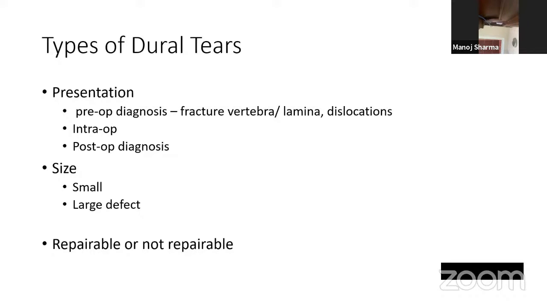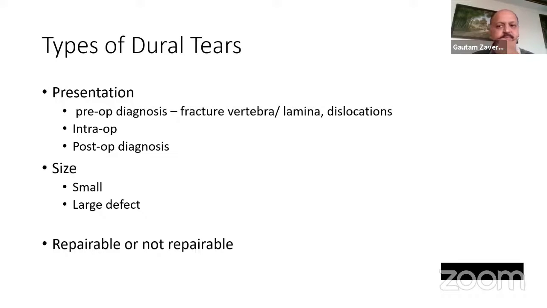Pre-op diagnosed cases are usually seen in fracture cases, where the fracture element, whether it is the bone, lamina or the body, or in cases in which there is dislocation, there can be a dural rent with CSF oozing out, and we can track that on an MRI done pre-operatively. We can be extra careful in such cases, and we can plan the further procedures accordingly.